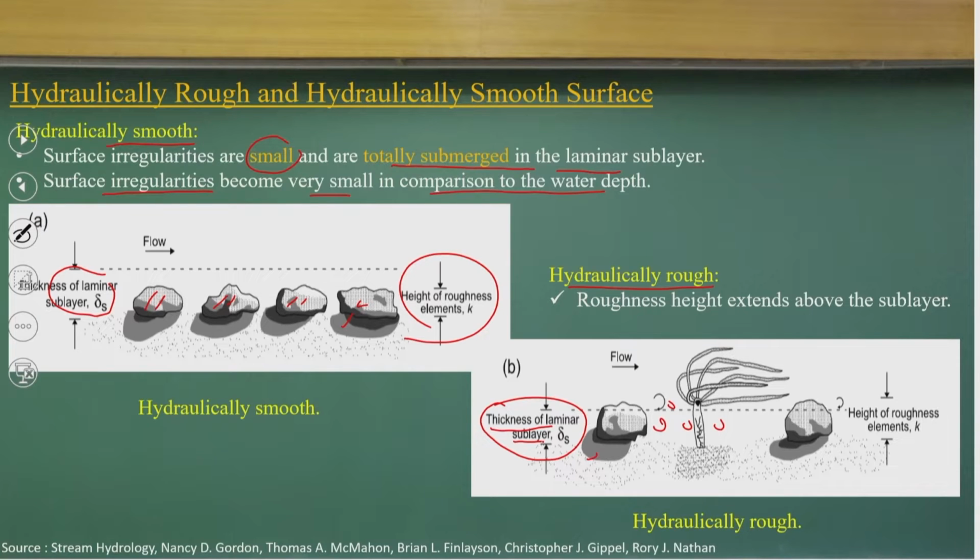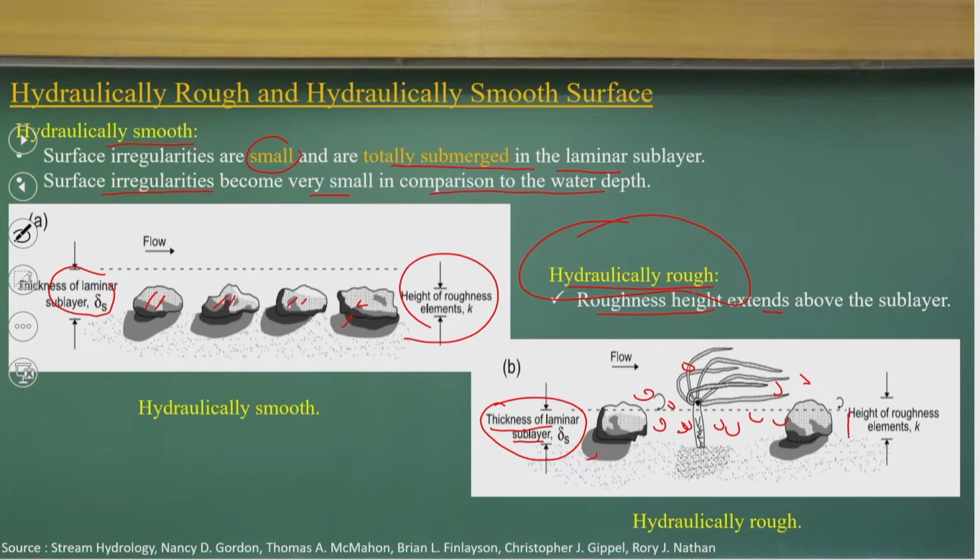Because of that, the flow turbulent structures change. Most river conditions have hydraulically rough boundary conditions, where the height of submergence is larger than the laminar thickness.